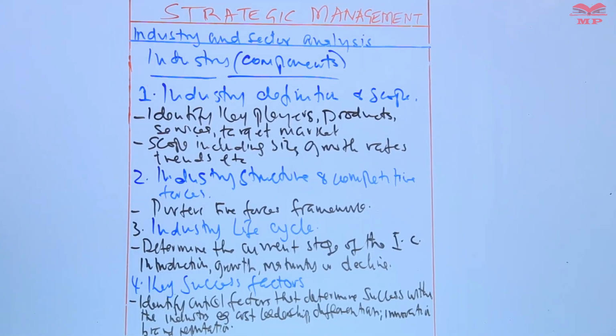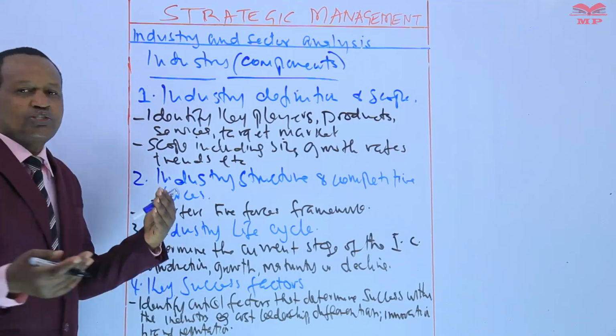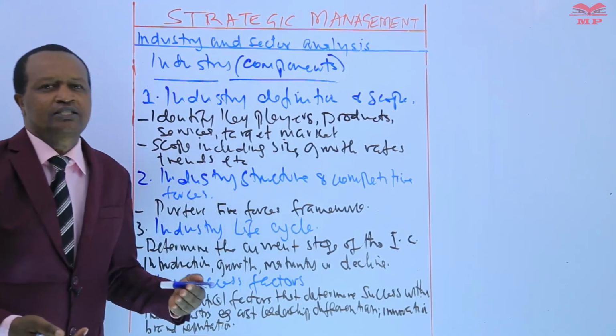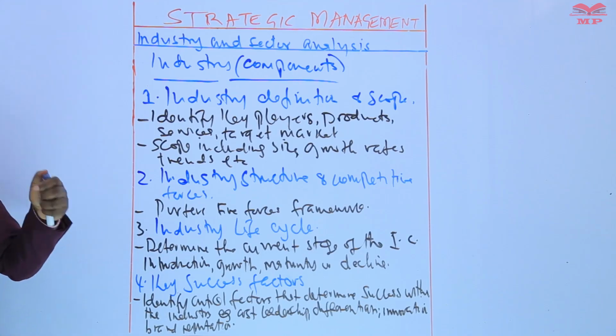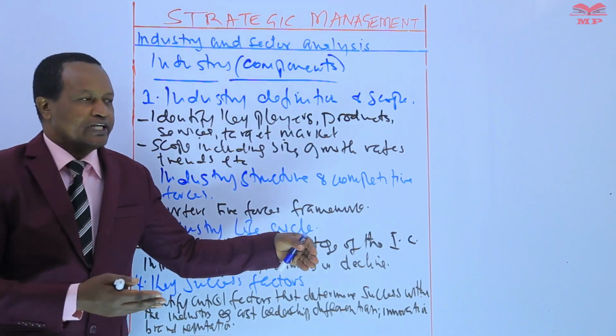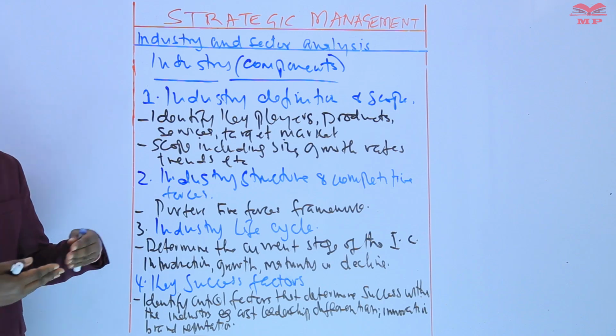What are the key success factors? It could be anything. It could be distribution channels, customer service, technological capabilities, and so on. So one should seek to understand how these key success factors evolve over time and how competitors are addressing them.